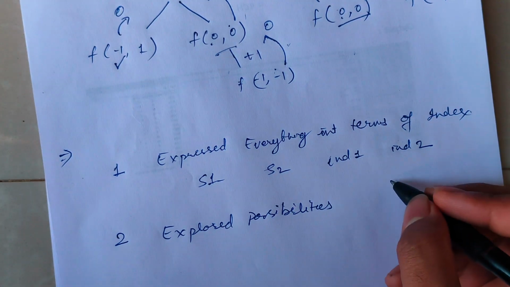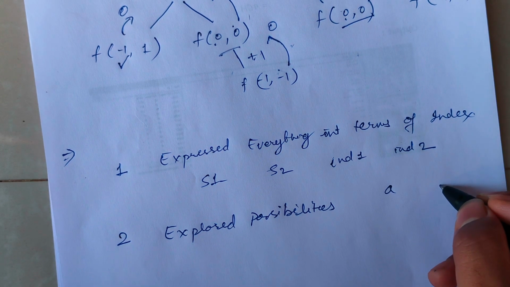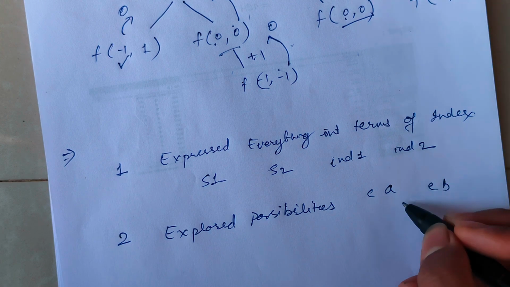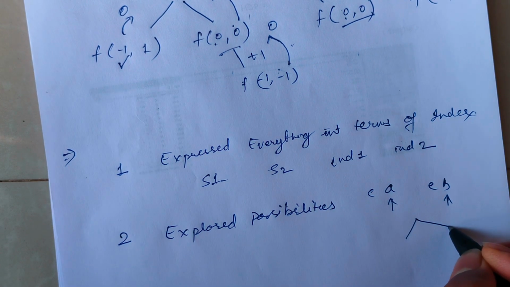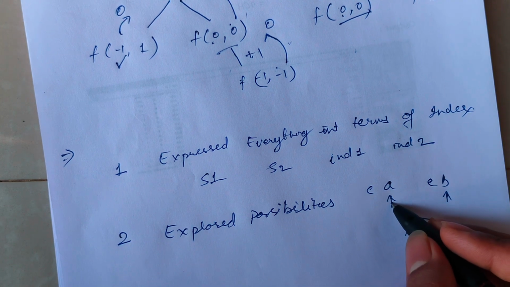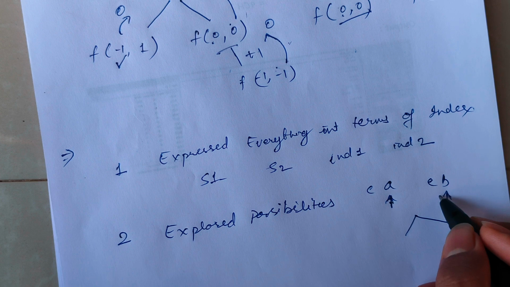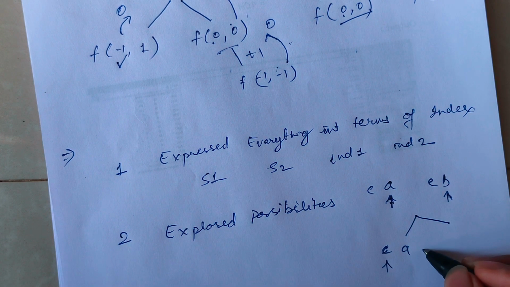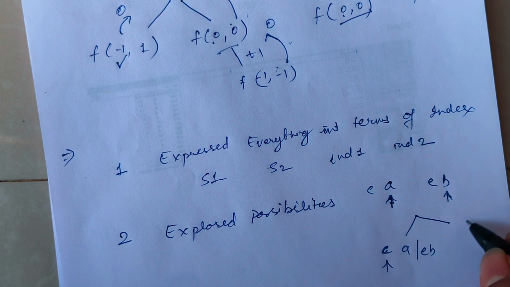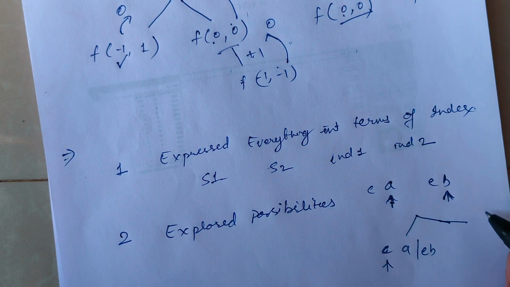When we had no same characters, like we had A and we had B, C, E here, we explored both the possibilities. At a time, either this pointer is shifted or this pointer is shifted. First, this pointer is shifted, and the second time we shifted the second pointer.